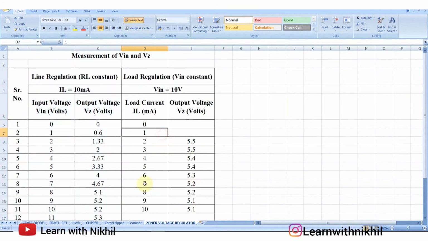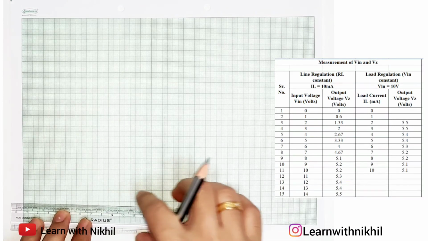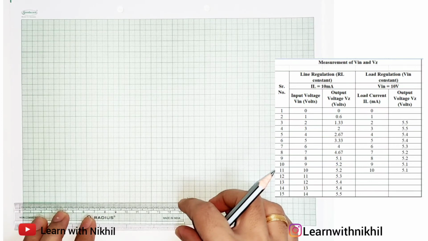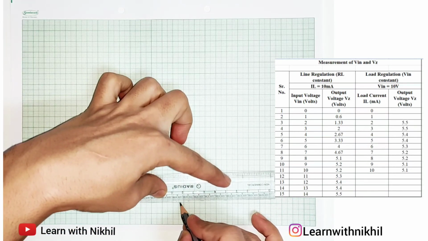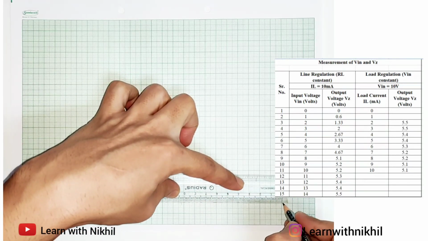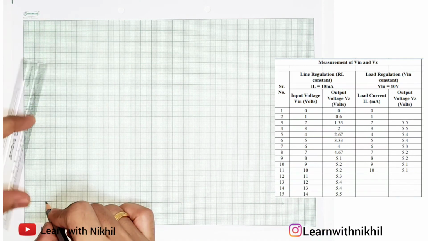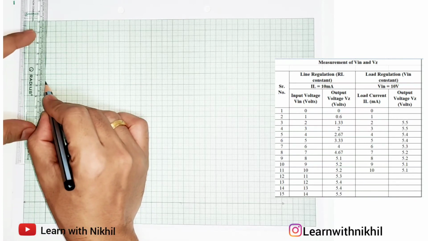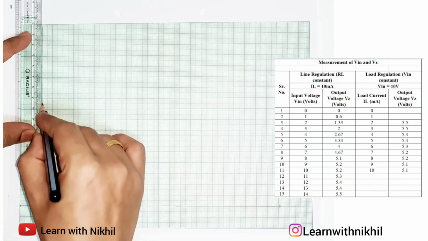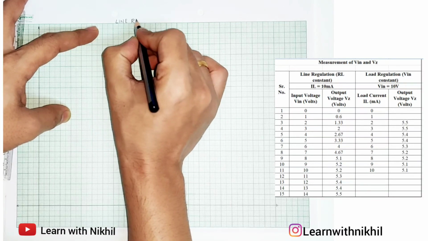Now with this reading, we will plot the graph. First we will plot the graph for line regulation. On the x-axis will be the input voltage, that is V in, and on the y-axis will be the output voltage Vz. Just giving the title, line regulation.